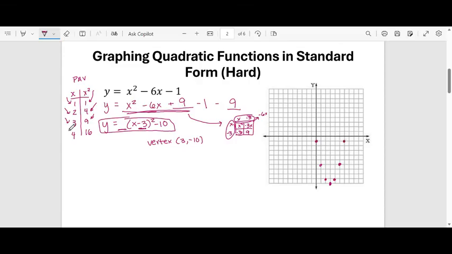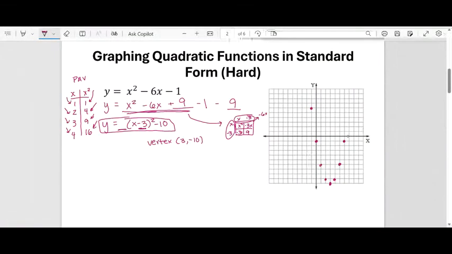Left and right 4, up 16. Then when I'm finished with that, I can draw in my lines and my arrows in my parabola to finish my graph. So again, we completed the square in order to make this graph.